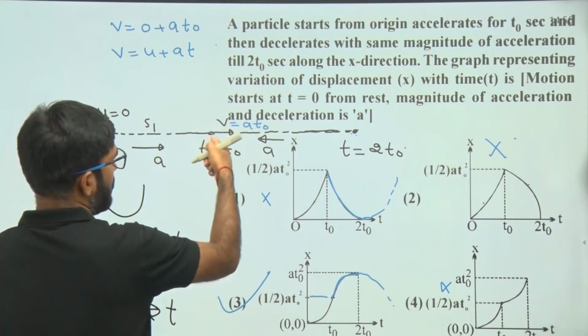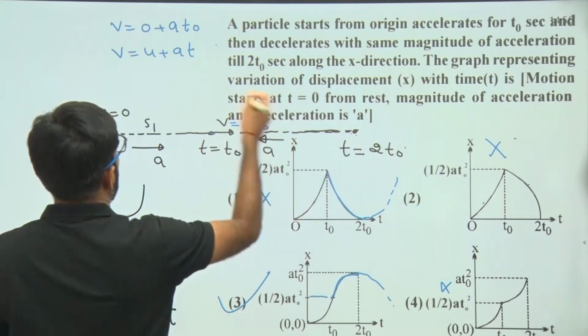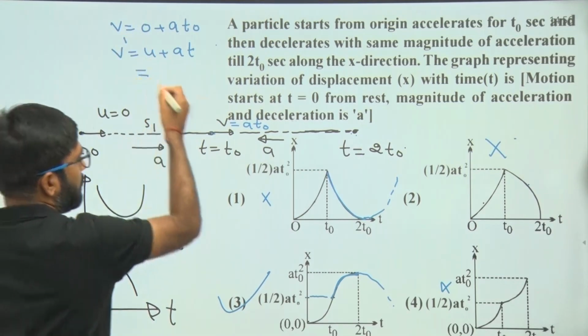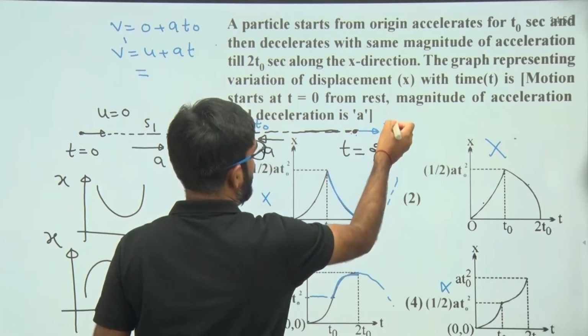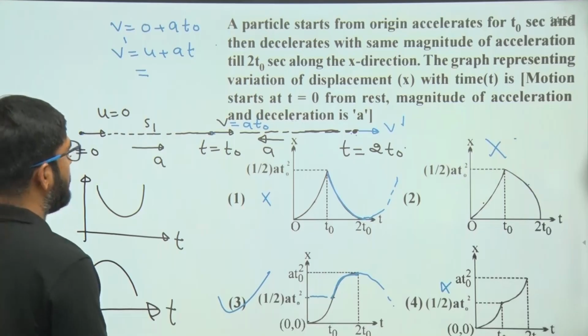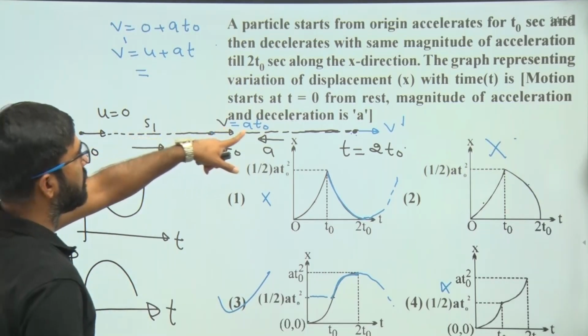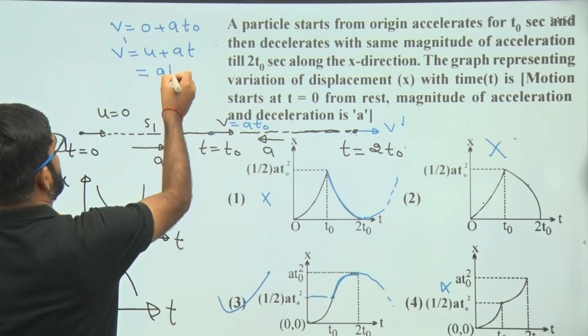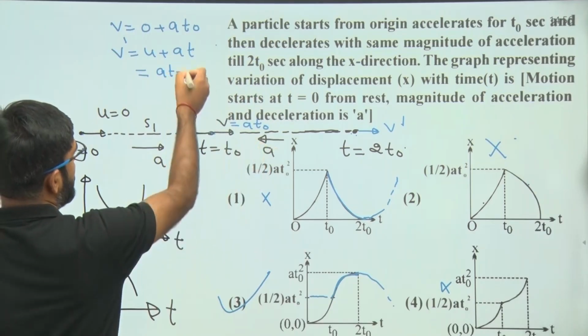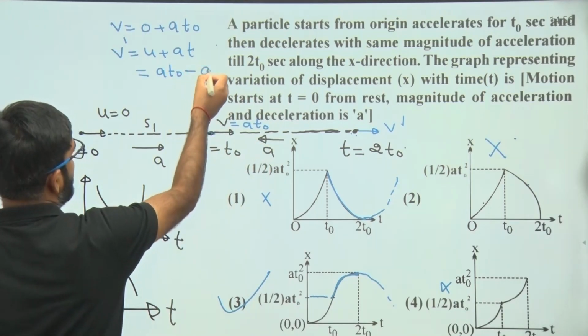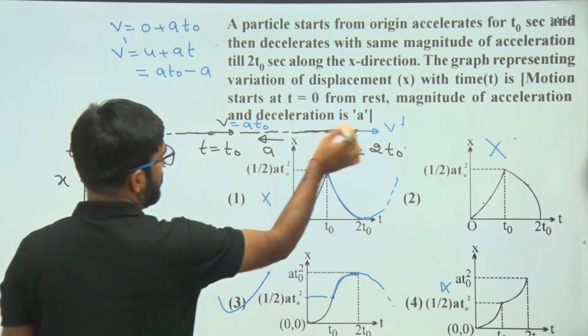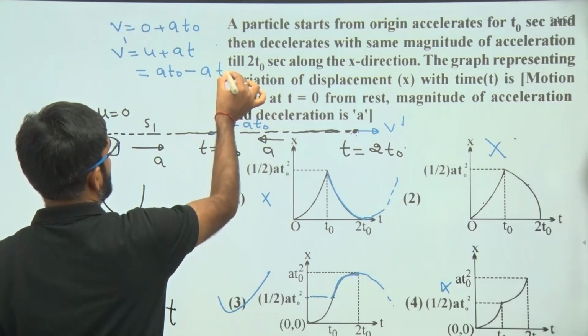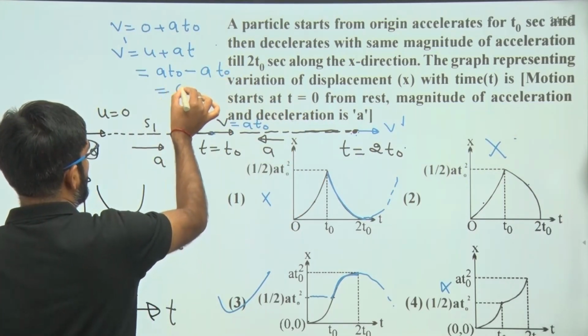If the final velocity is v dash, here we consider that velocity of the particle is v dash, then v dash equal to, here initial velocity a into t naught, acceleration opposite, then negative sign, minus a into time of motion t naught, a t naught minus a t naught equal to 0.